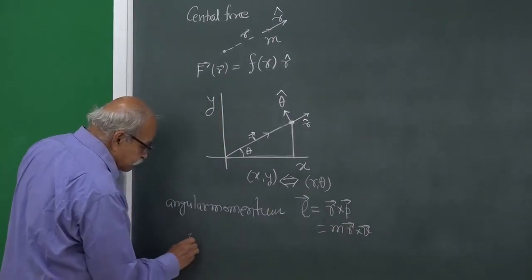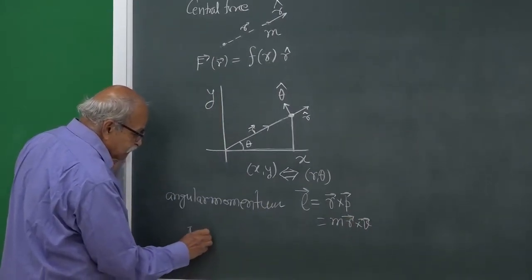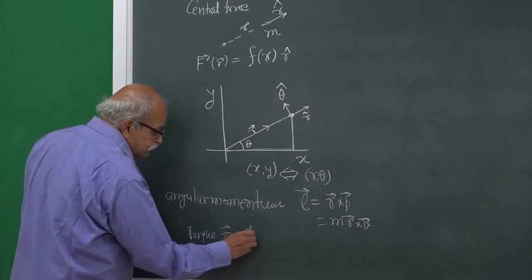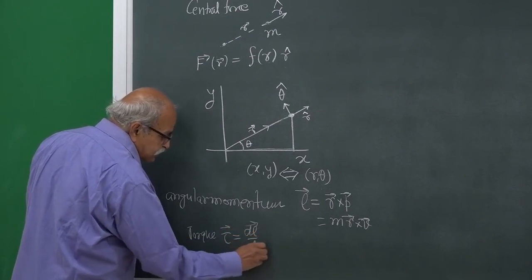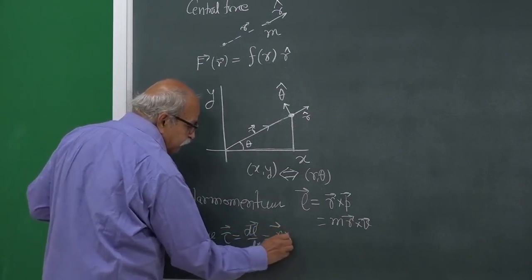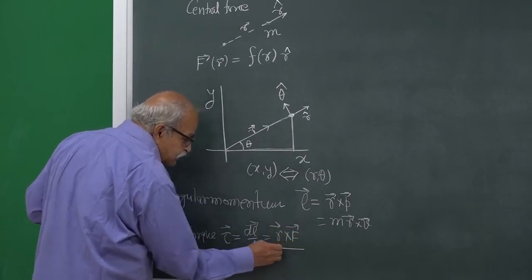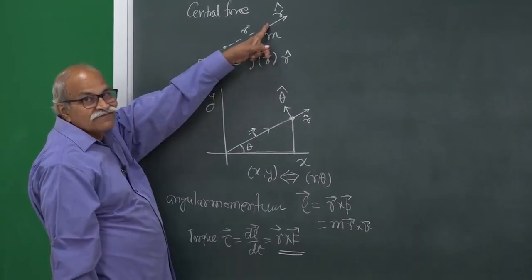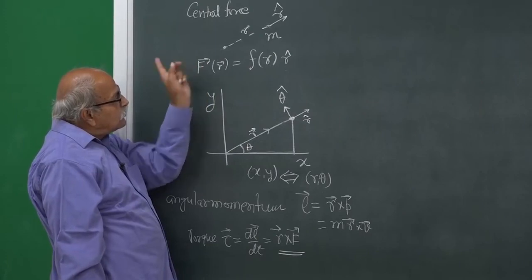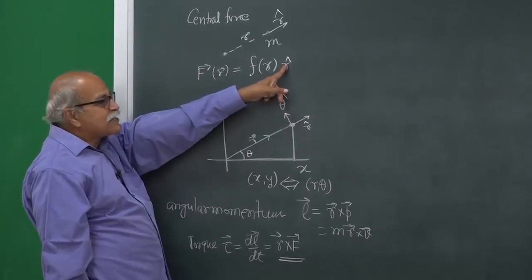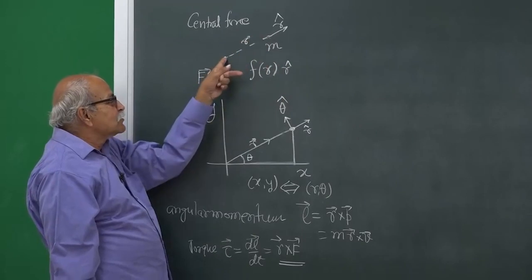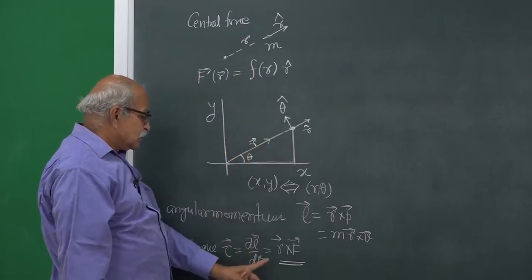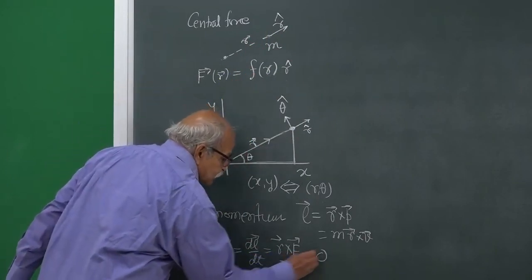And torque, tau, which is dL by dt of course, is r cross F. Now, here is the crucial point: r cross F. This is vector r, and the force is also along that direction, r cap. The force is either towards the center or away from the center, but it is on the same line, and therefore, when you do this r cross F, this is 0 for a central force.